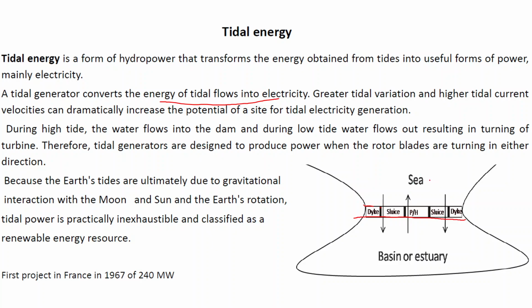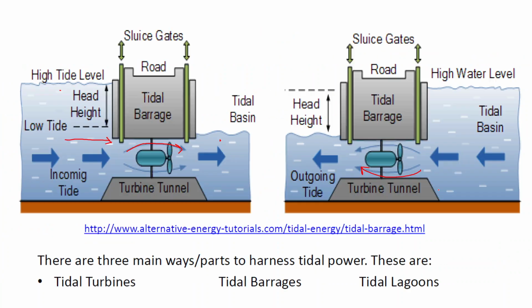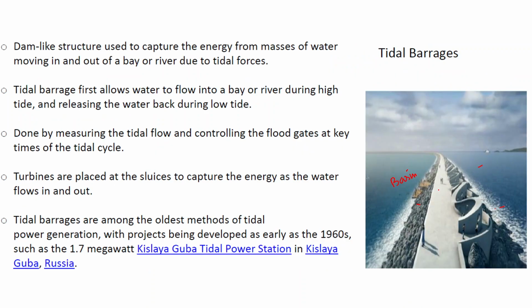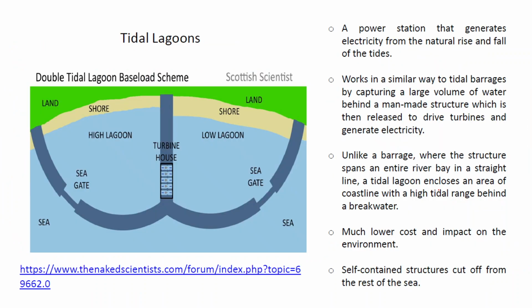When high tide is there, water will flow to the basin through this barrage, and in the sluices, turbines are installed. During the flow of water, the blades of the turbines will move, producing electrical energy.